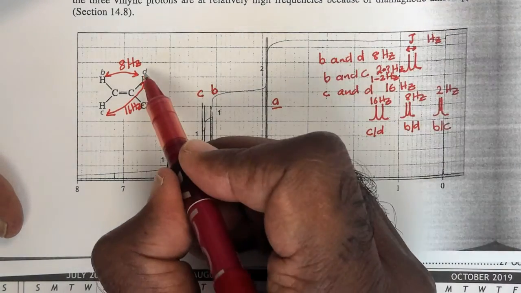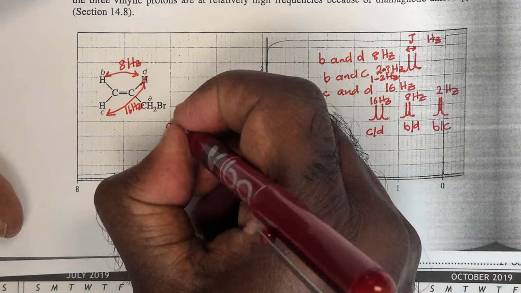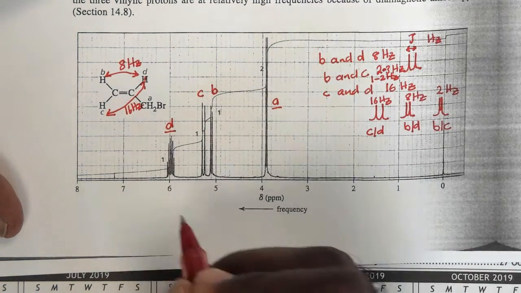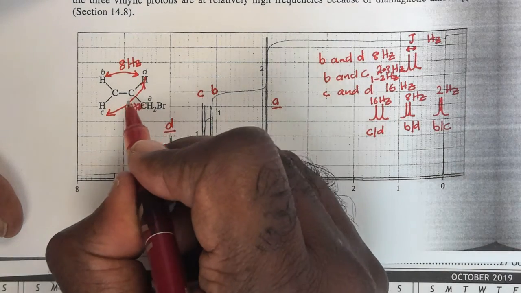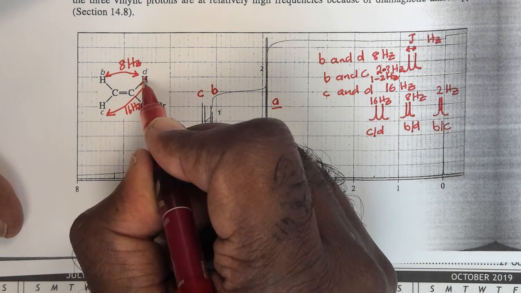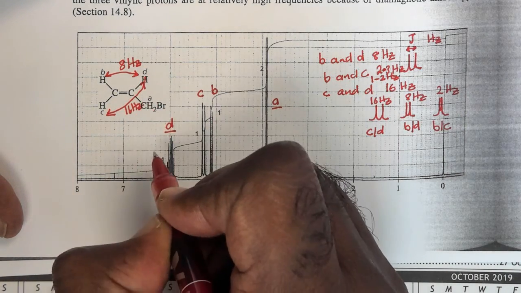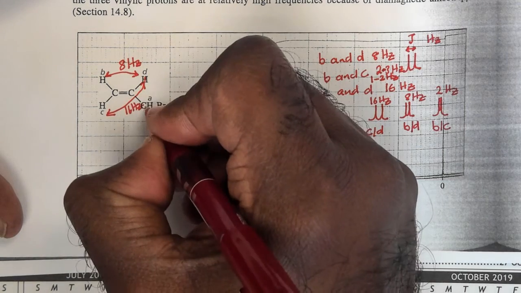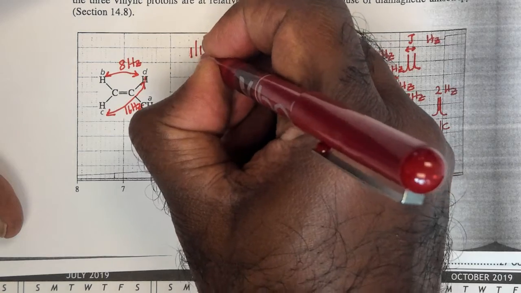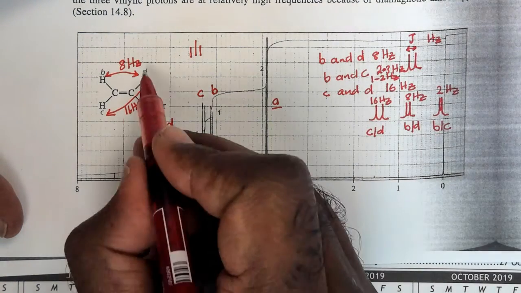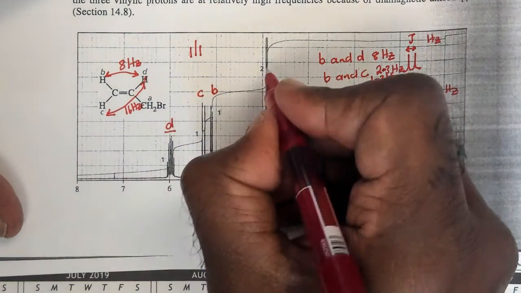Now, let's tackle D. So we know this must be D. Why is it appearing as a multiplet here with many lines? Alright, so I said initially this CH2 was split by this hydrogen into a doublet, and this hydrogen in turn is split by this CH2 into a triplet. Right, so D is split here into a triplet with a very small coupling constant.